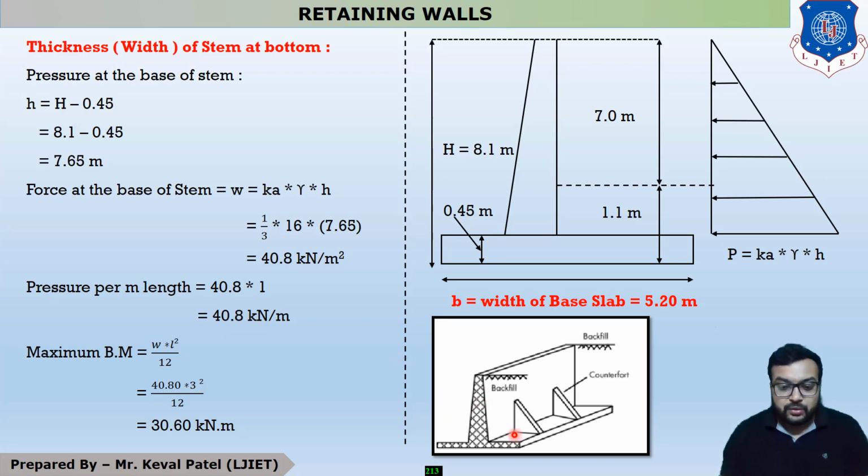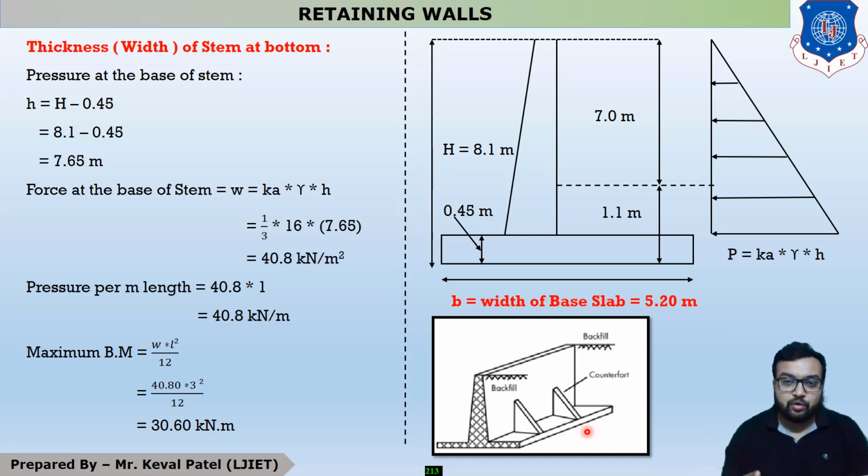Now you can see that this is your fixed support and this is also your fixed support. Now the distance between two counterforts is 3 meter. It means there are two fixed supports having UDL and the length is 3 meter. So what is the value of bending moment?